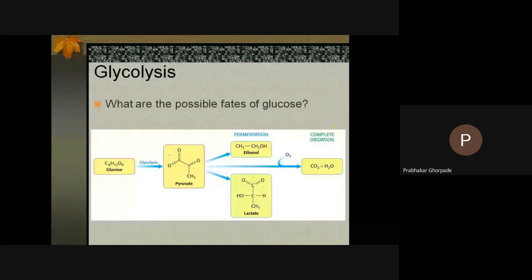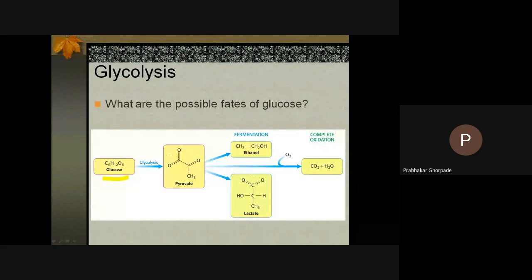So what are the possible fates of glucose? In unit 1 we studied what a carbohydrate is. Glucose is C6H12O6. It has 6 carbon atoms in its structure.